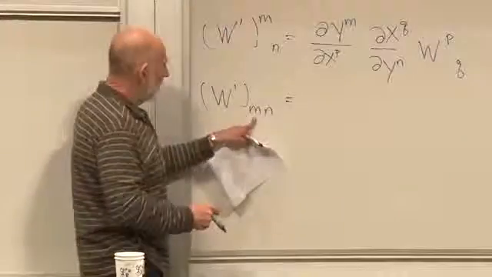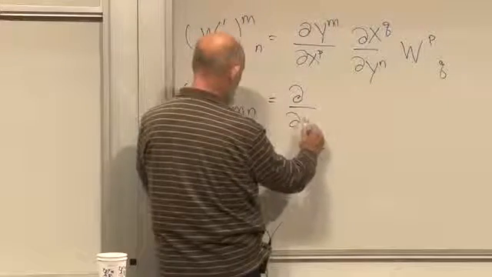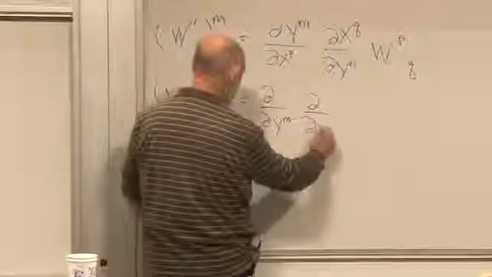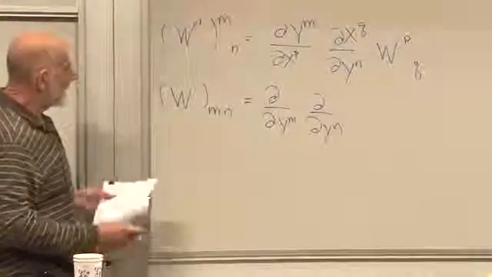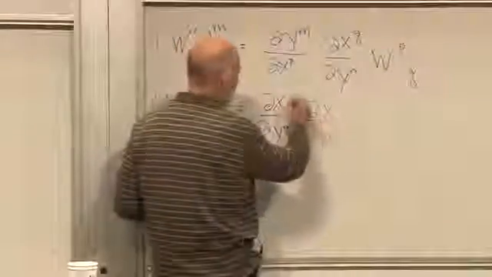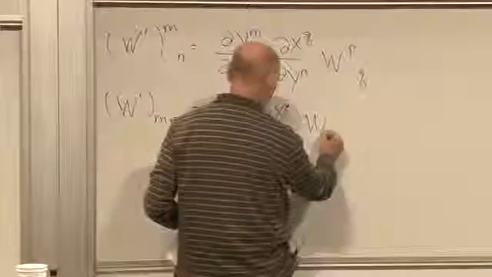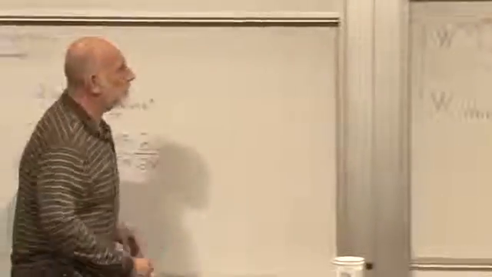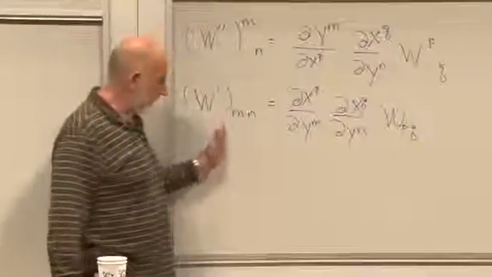Again, there are downstairs y's, y^m, another downstairs y^n. Again, m and n go with y. What do I put upstairs? Well, the only thing I put upstairs is x. Call this one p, call this one q, and now this is W_pq. All right, so this is the transformation property of a thing with two indices, purely covariant now.